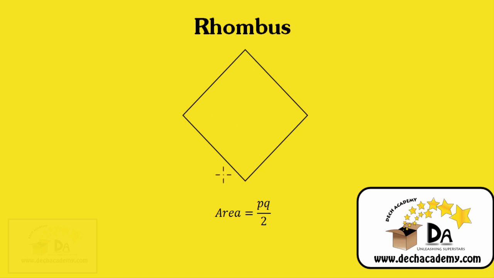If you want to determine the area of a rhombus and you're given the lengths of its diagonals, here's one diagonal.